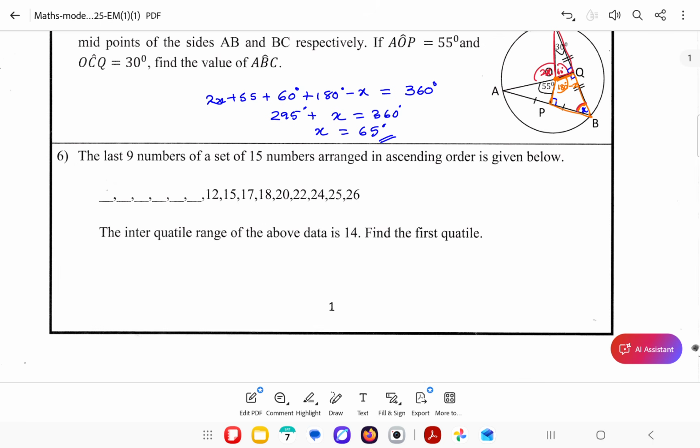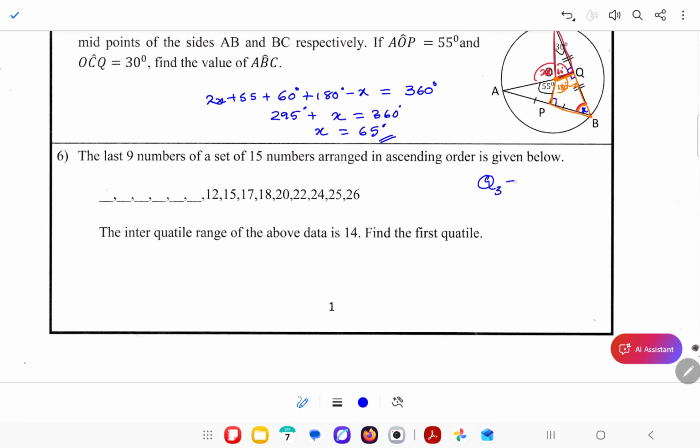Then they say the last 9 numbers of a set of 15 numbers arranged in ascending order is given below. The interquartile range of the above data is 14. Find the first quartile. So Q3 minus Q1 is the interquartile range, that is 14. Q1 is the fourth term, 15 plus 1 over 4, so 4.